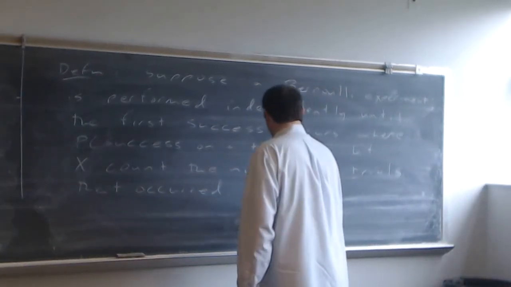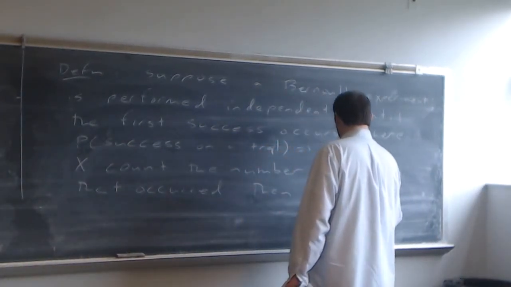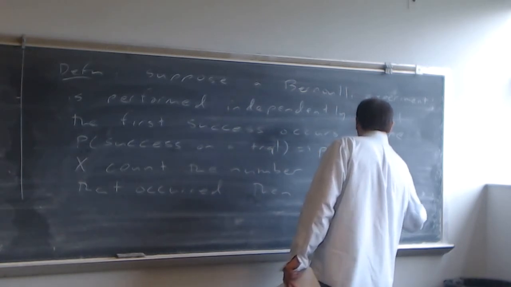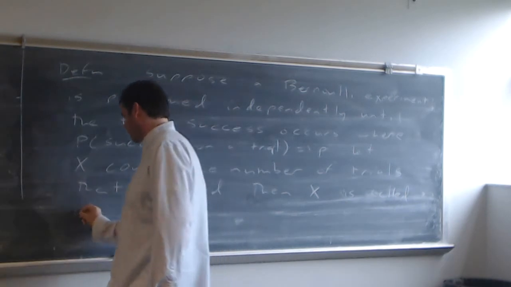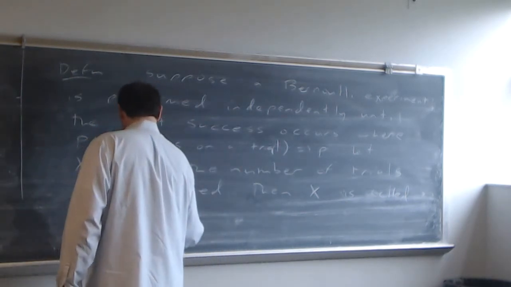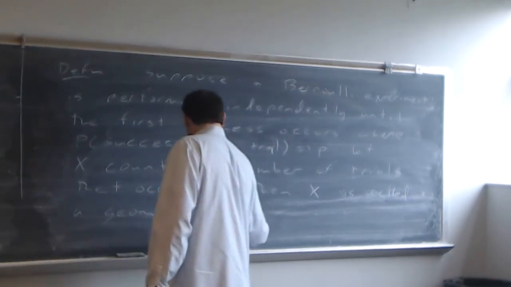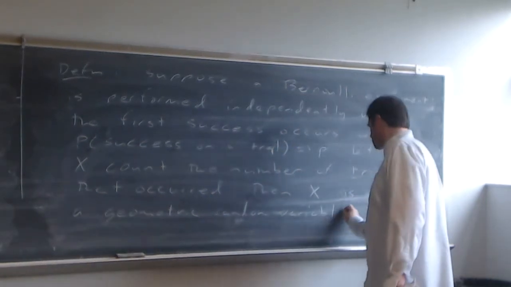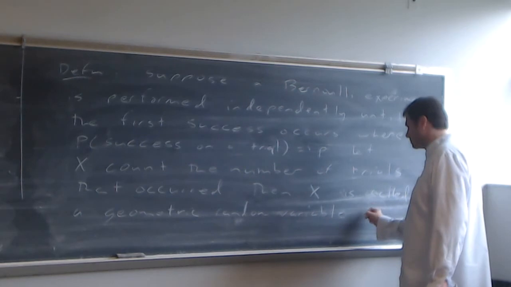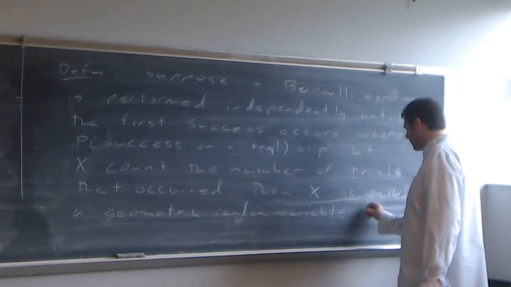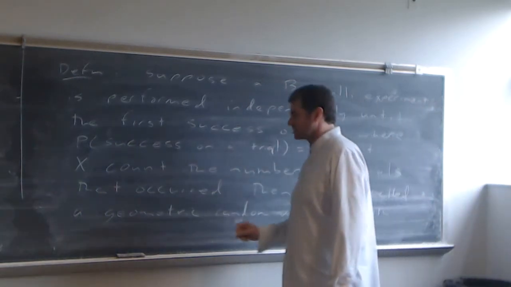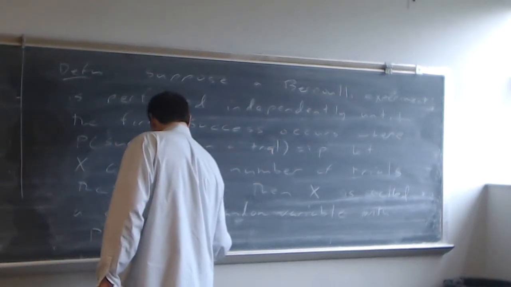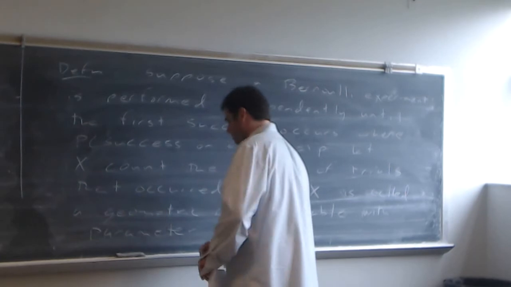Then X is called a geometric random variable with parameter p.